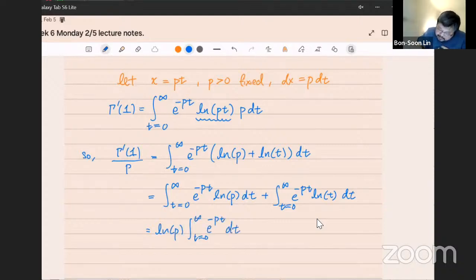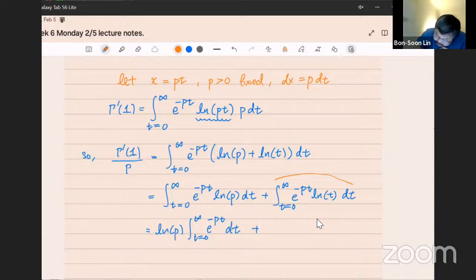Okay. Now the second term, however, look at this. This is t going from 0 to infinity, e to the minus pt natural log of t dt. This function has the form of integrating, if you imagine t are actually just x's because t is a dummy variable, this really just reads integrating x from 0 to infinity, e to the minus px natural log of x dx.